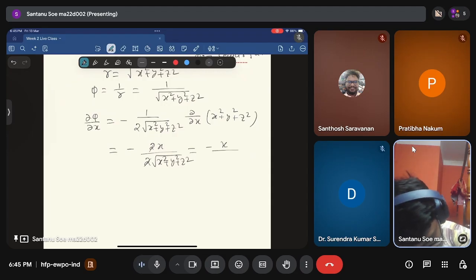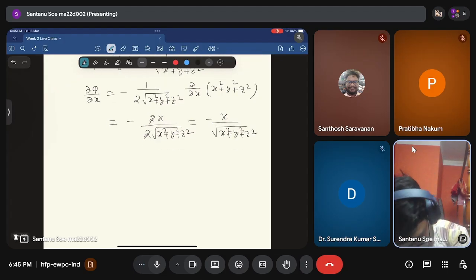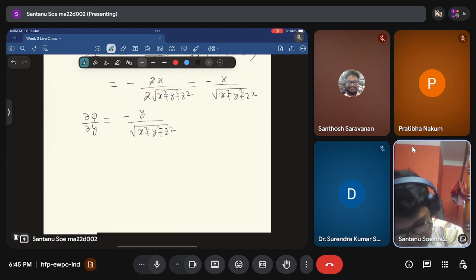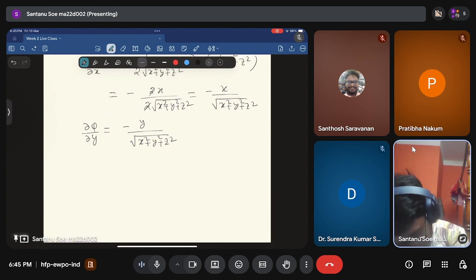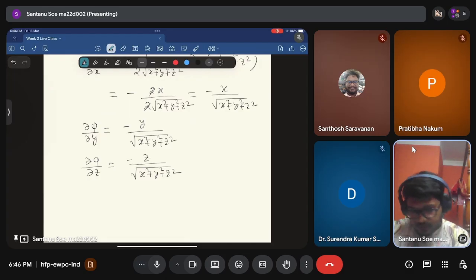This will be just minus x divided by square root of x square plus y square plus z square. And then again, del phi by del y is minus of y divided by square root of x square plus y square plus z square. Okay. Similarly, del phi by del z is the same, minus of z divided by square root of x square plus y square plus z square.